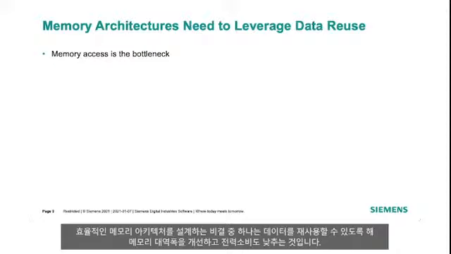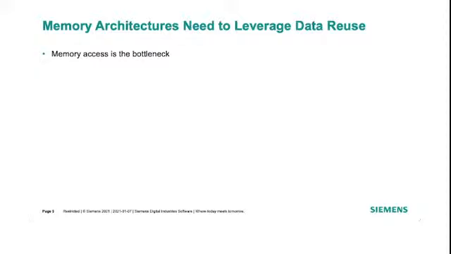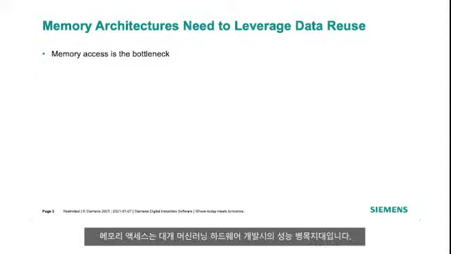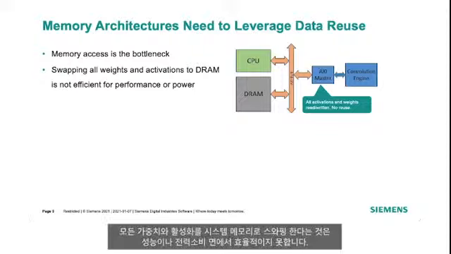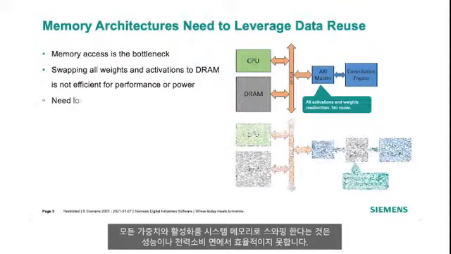One of the keys to designing an efficient memory architecture is being able to leverage data reuse in order to improve memory bandwidth as well as lower power. Memory accesses are usually the performance bottleneck when building machine learning hardware. System memory is not going to be efficient for performance or for power.